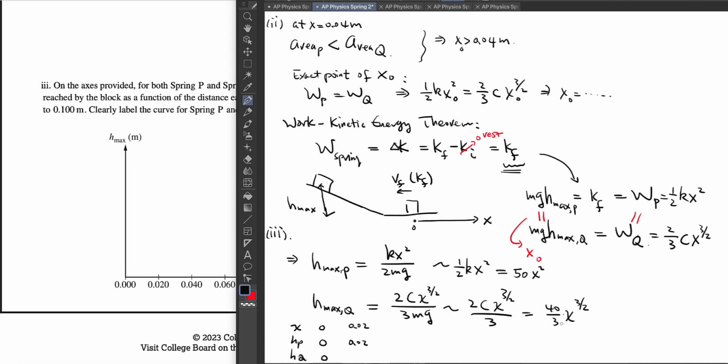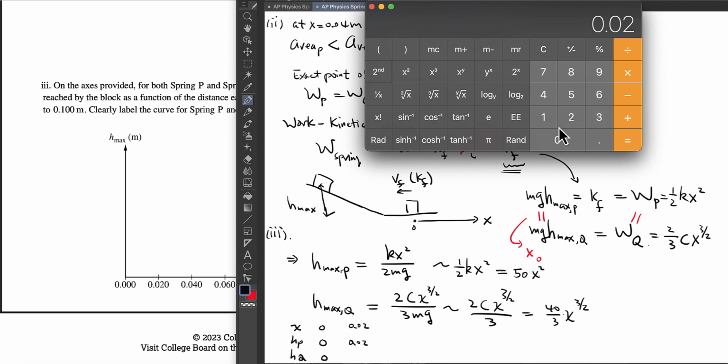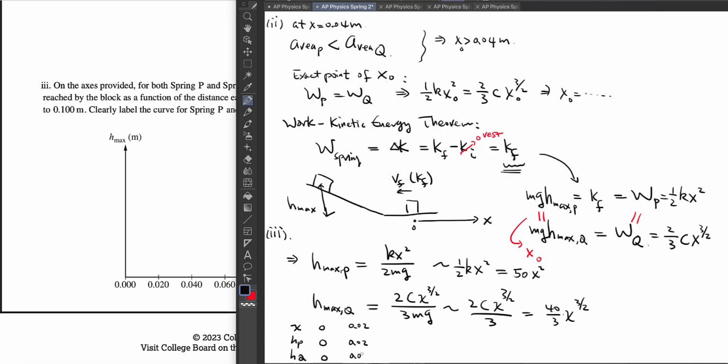Now for HQ, we take x to the power of the cube, then take the square root, times 40 divided by 3. So it's 0.0338. Let's try one more, 0.04.